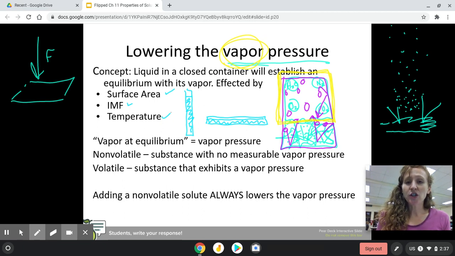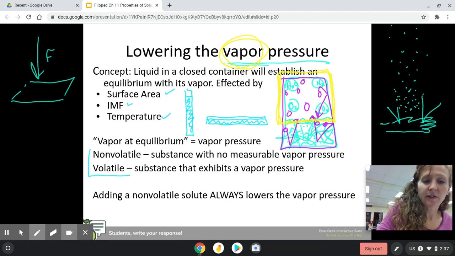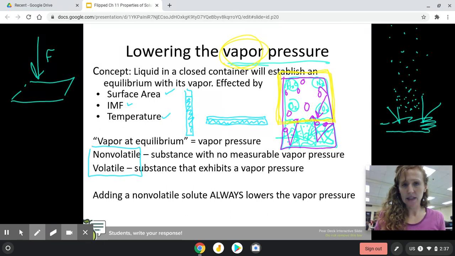You're going to hear these two terms, volatile and non-volatile. A volatile liquid is a substance that's going to allow the liquid to escape into vapor fairly easily. So anything that you smell right away when you uncap it is volatile.